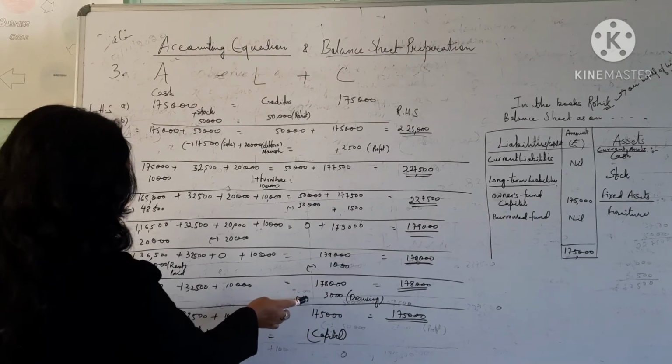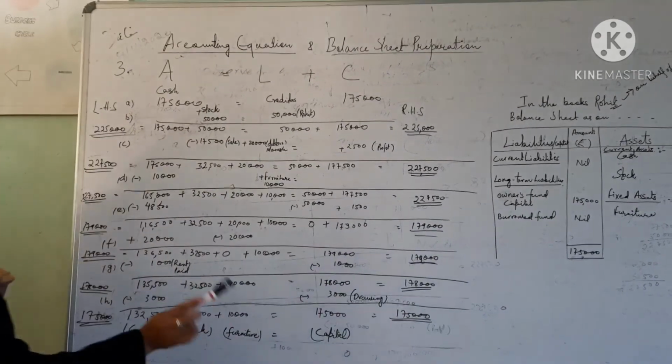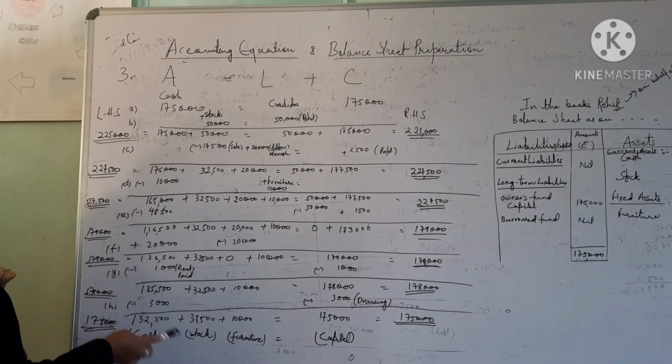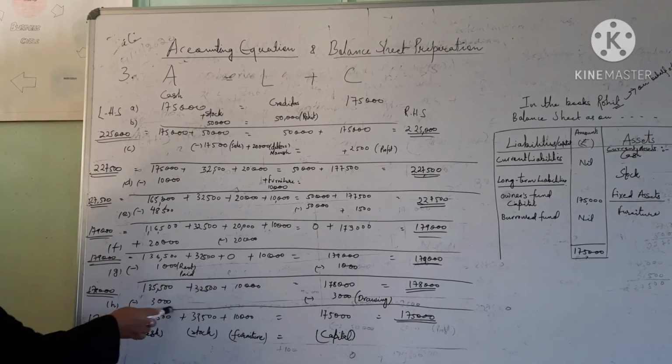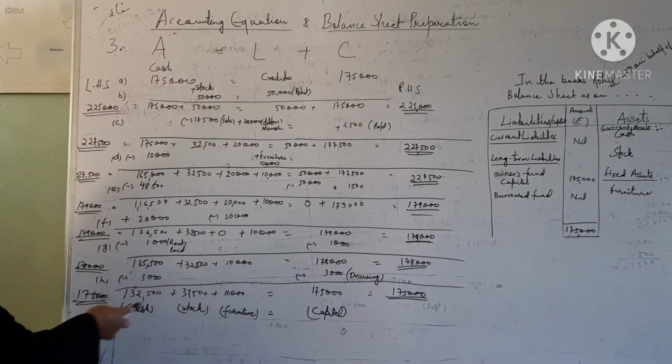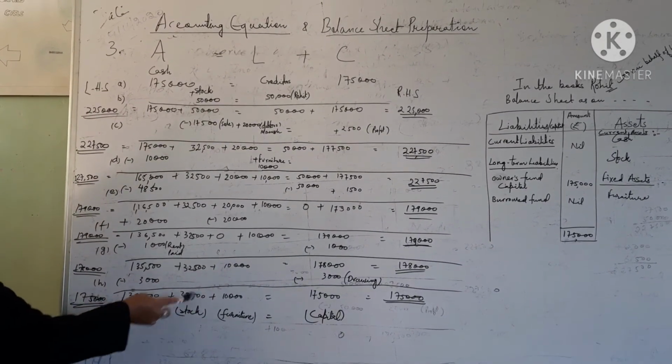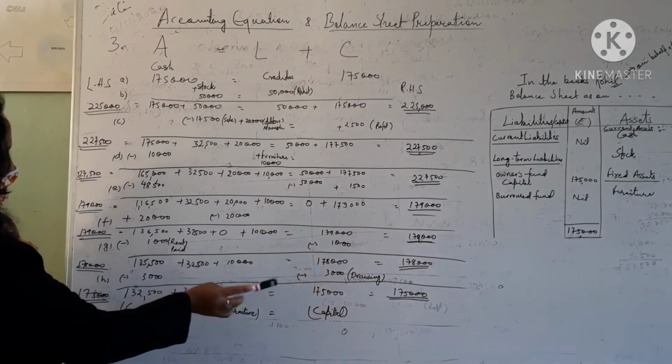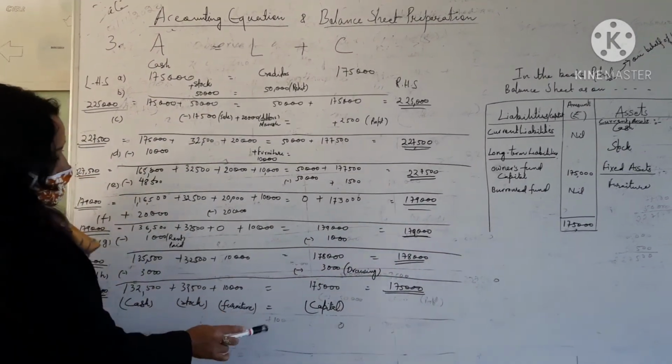So I have written here the reduced amount, that is 3,000 he has used from the business, and in the same manner in the left hand side also cash is decreased. So after deducting drawing, it will be 1,32,000 cash, then comes stock 32,500, 10,000 as furniture, and capital 1,75,000.